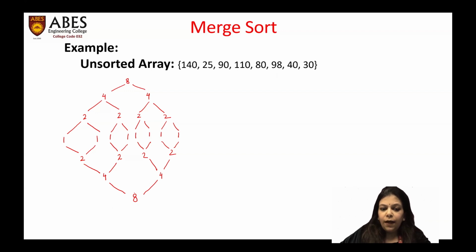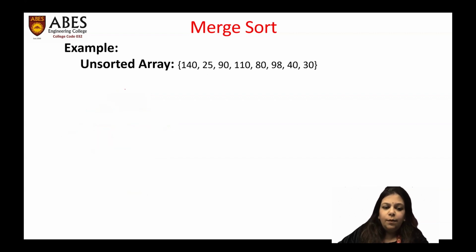So let us now try to understand how the above mentioned elements will be sorted with the help of merge sort. For this, these elements first will be divided into two halves.